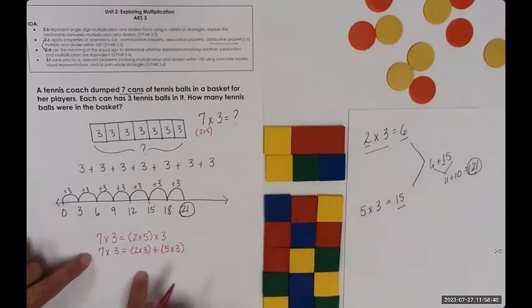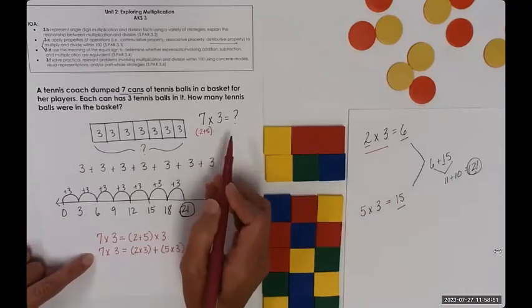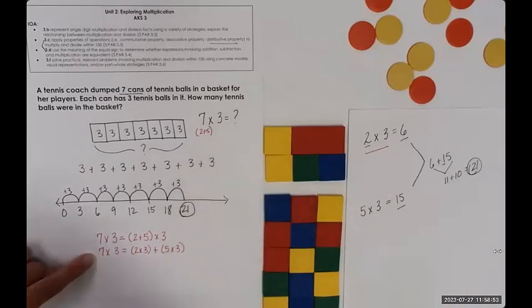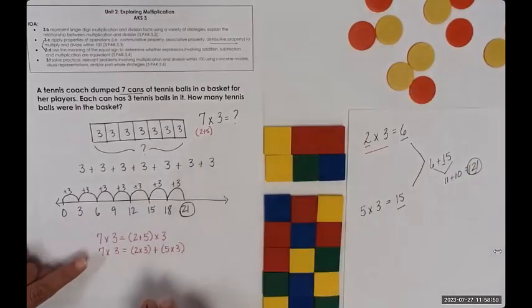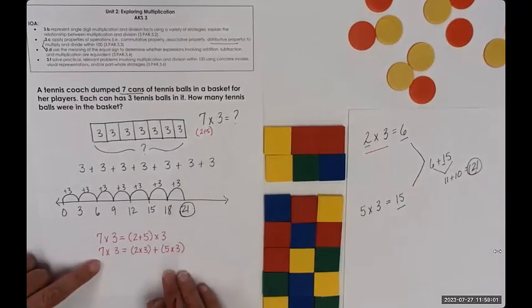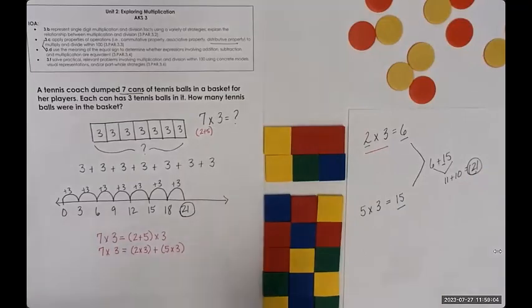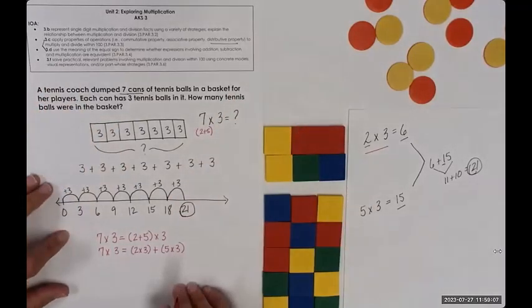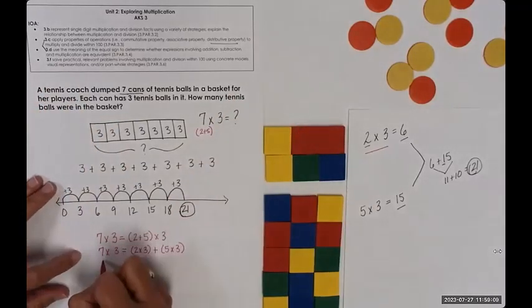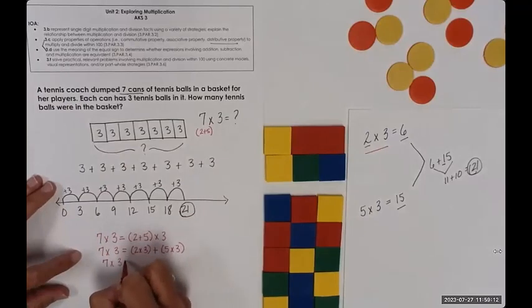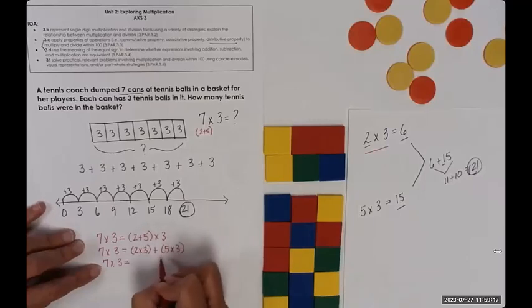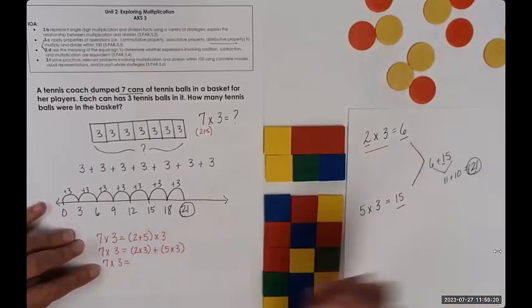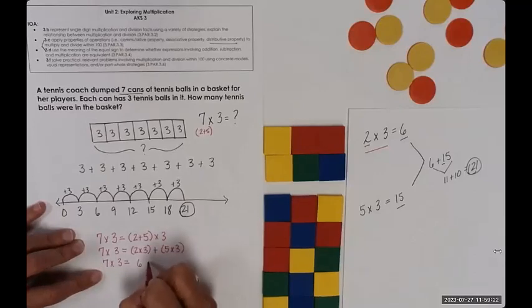So now that we have this, we have proved that 7 times 3 is 21. We've proved it with our equal groups, our original array, our skip counting, and we're just rewriting it in a different way at a more abstract level than where we originally started. So the next part of this would be 7 times 3 has the same value as, and I'm going to go ahead and solve these just like we did over here. 2 times 3 is 6, plus 5 times 3 is 15.